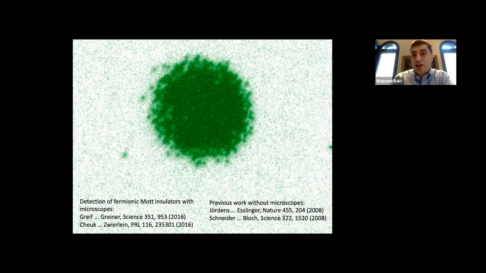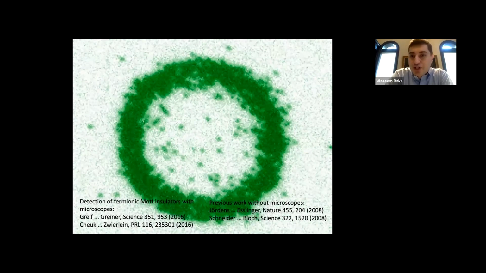Now I could also change the chemical potential at the center by putting more atoms into this lattice, and then you get a picture like this. Now you see this light-assisted collision story that we were discussing earlier. When the chemical potential in the center is sufficiently large, you form a band insulator, which has two particles per site, a spin up and a spin down. So now you have an insulator due to the band gap rather than due to the interactions.